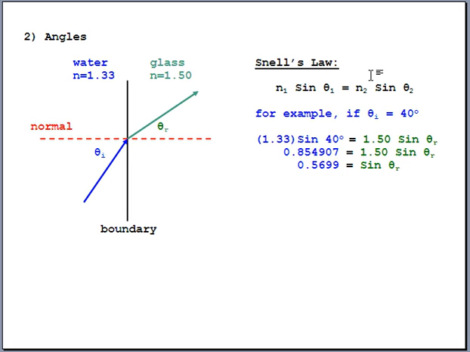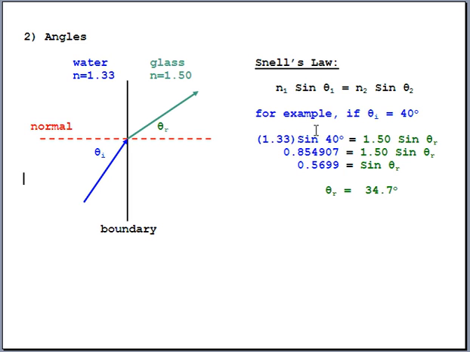When I asked my calculator for 1.33 sine of 40, I ended up with 0.85, and I still have this 1.5 multiplied onto the sine of the final answer. So I divided by 1.5 to clear that out, and I ended up with a decimal, 0.57-ish, equal to the sine of the angle of refraction. All you have to do now is invert the sine, so we'll use the second function button on our calculator, and we can see that that slightly smaller angle, it's not 40 degrees anymore, is 34.7, around 35 degrees.